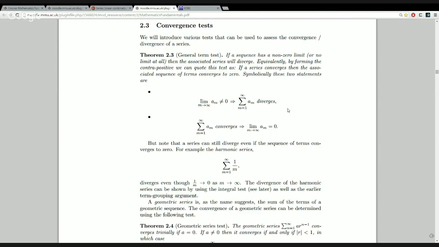Convergent series must have terms that converge to zero. But that's not enough to ever help you positively identify a convergent series. But what it does allow me to identify is a series which is not convergent.